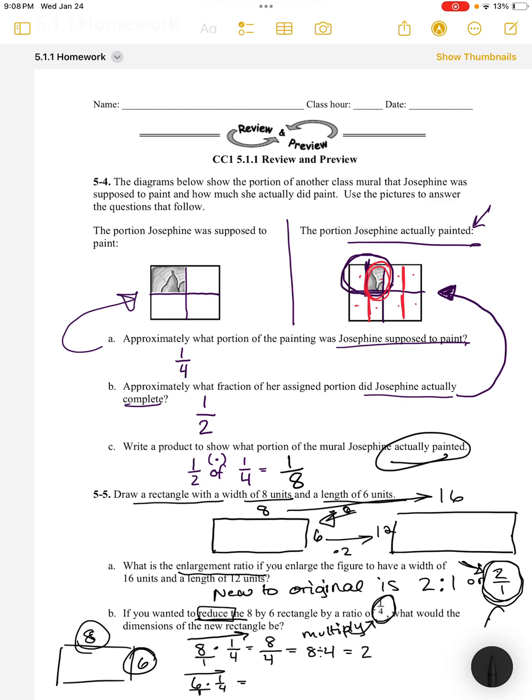This one, 6 times 1 is 6. 1 times 4 is 4. 6 divided by 4 will get me a decimal, but if I want a fraction, I can say 4 goes into 6 one time. I'll have 2 out of 4 left over. 1 2/4 is the same thing as 1 1/2. So the dimensions are going to be 2 and 1 1/2.